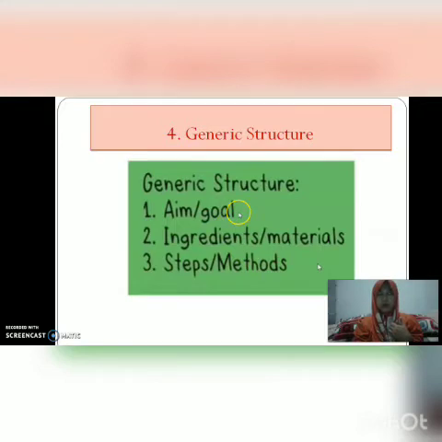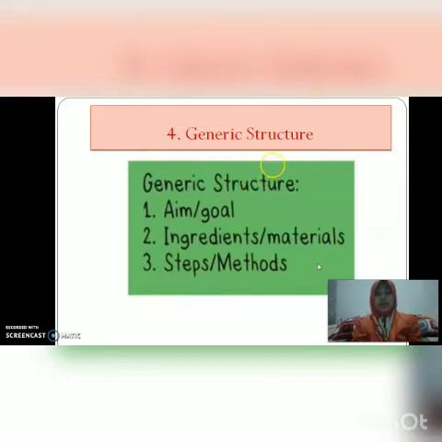Aim or goal is something what we want to share, what the information you want to share to the others. Okay, that is the goal or the aim.